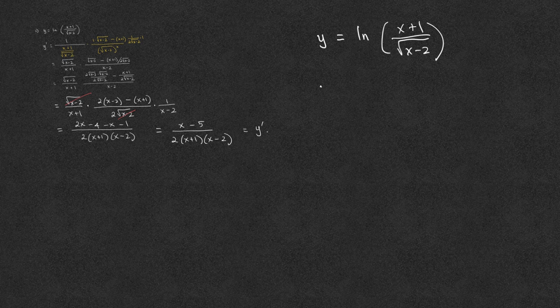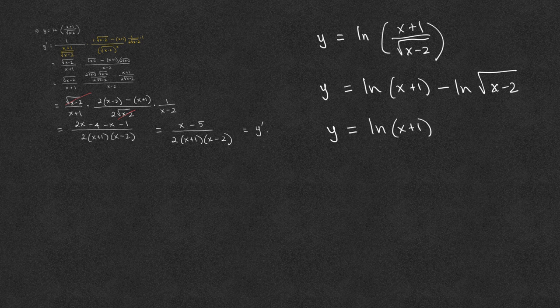And so using the laws of logarithms, we can write this as ln of the numerator minus ln of the denominator. And then we can expand this further. This is still y: ln of x plus 1 minus ln of x minus 2 to the 1/2 power. And then we move the 1/2 power to the front of ln.